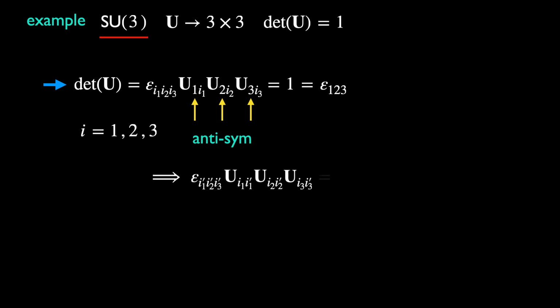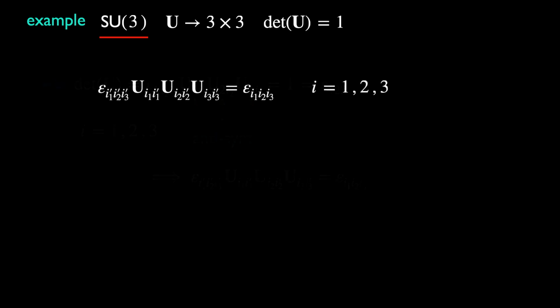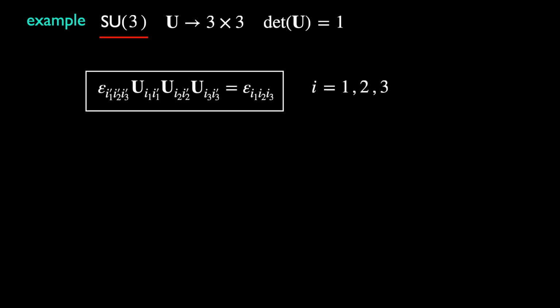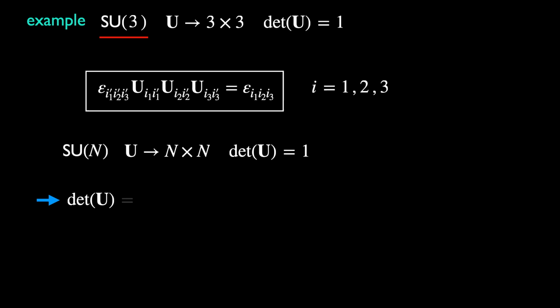The epsilon symbol is invariant under SU3 transformation. As we can see, the steps that led to the invariance of epsilon is quite general, as long as U has the determinant of 1. So the same result holds for SUN transformations for any n.